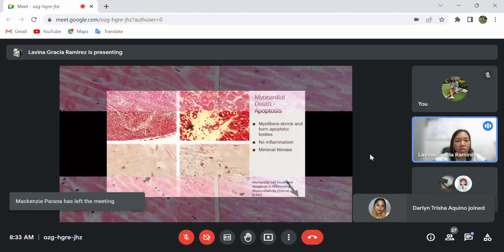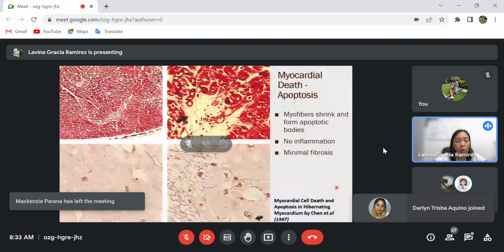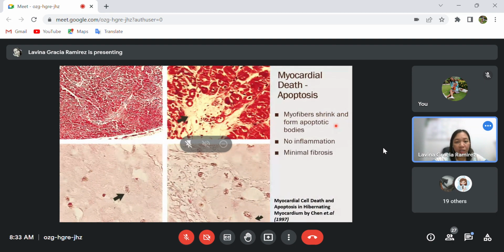Okay, so this is also another picture of apoptosis. So myofibers shrink and form apoptotic bodies, nakikita nyo naman yung mga black na yan. Okay, no inflammation since it is an apoptosis, and minimal fibrosis. Although apoptosis is, as an organ, a programmed cell death, physiologically, in some tissues it becomes pathologic.